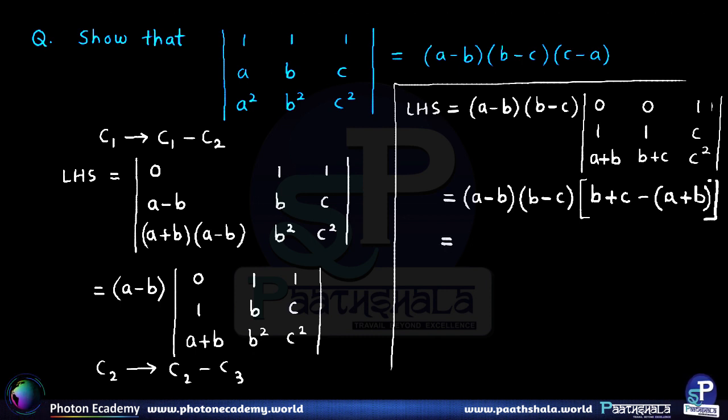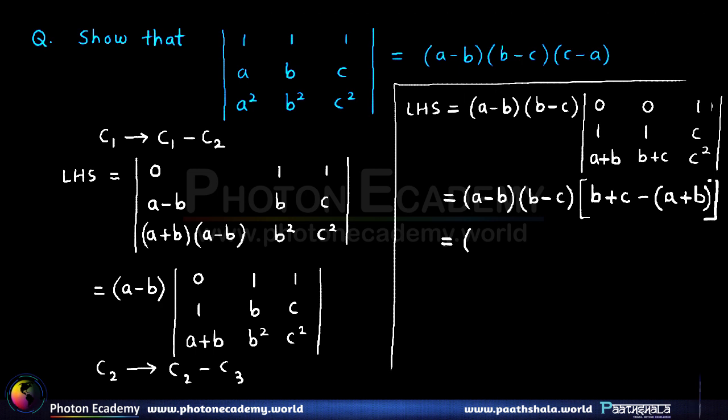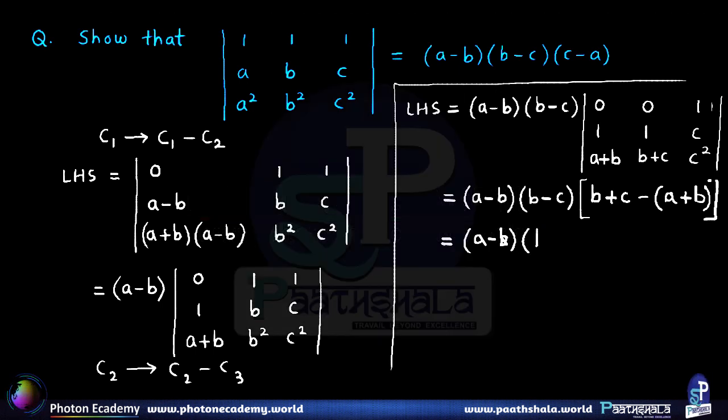the first factor is the same, that is A minus B. The second factor is also the same, which is B minus C. And in the last factor, if we simplify, we will get the desired expression, that is nothing but C minus A, because when we open the bracket we will have the B term cancelled.